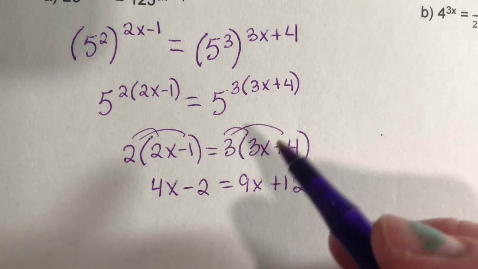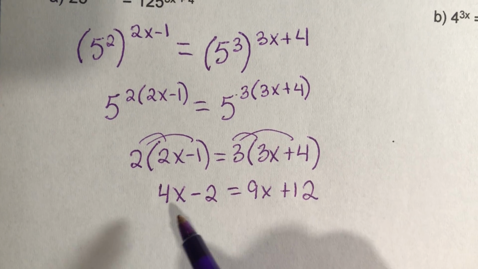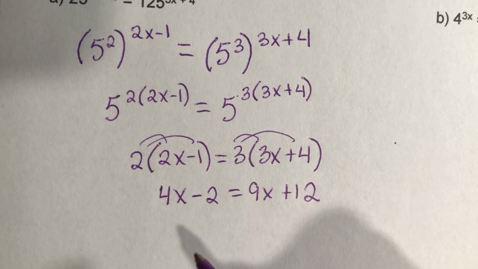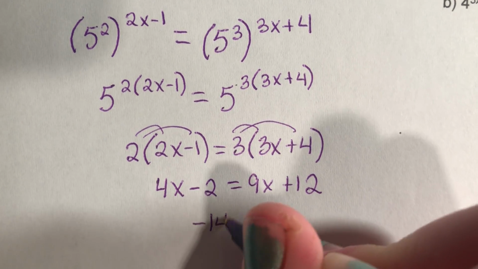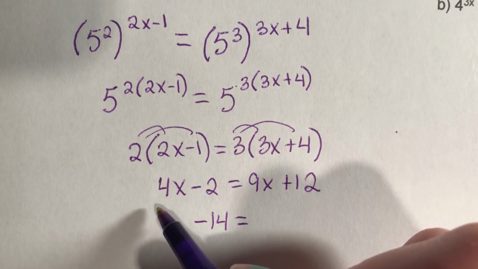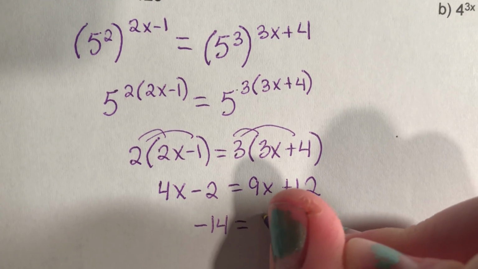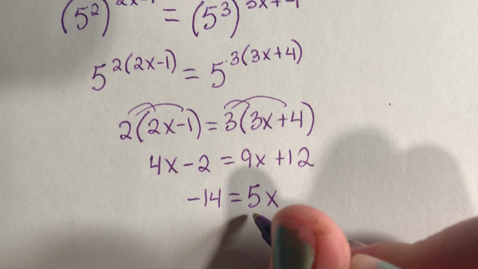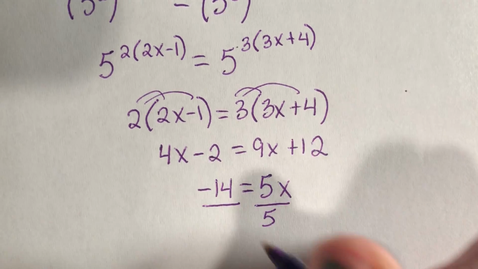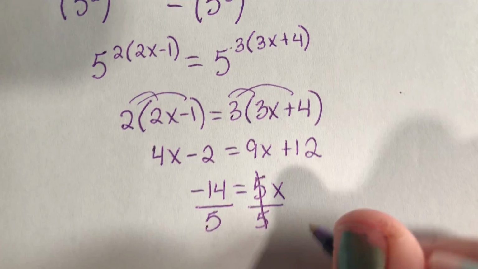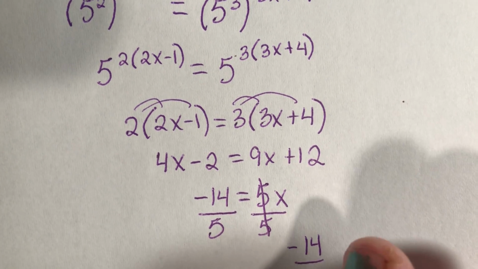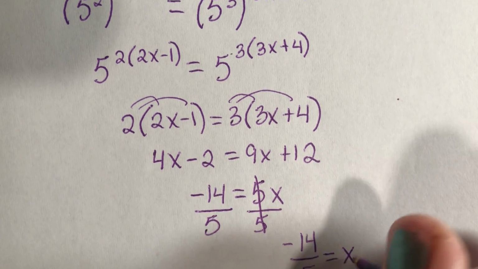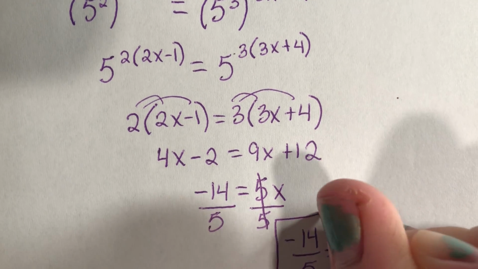Actually, let's subtract 12 from both sides so we can have x on the one side. We get a negative 14. And we're going to subtract 4x from both sides, and we get a 5x. Dividing both sides by 5, we get our answer of negative 14/5 equals x.